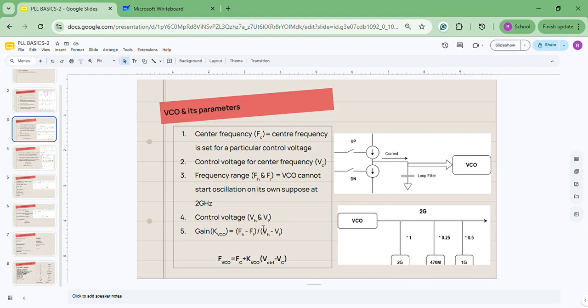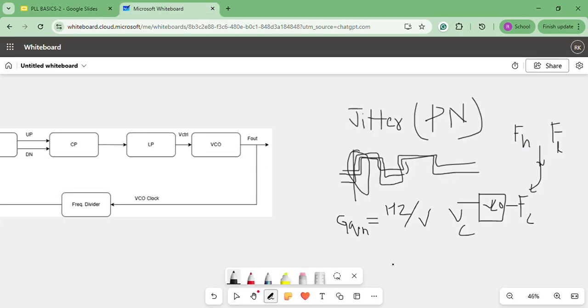Similarly, the control voltage is also not directly designed for, and cannot be tuned because it's an internal voltage. You cannot directly feed it. So we'll design it for a range of control voltage, and finally we'll do some calibration to fine tune the voltage and center frequency. So this is also designed for a range of voltage, VH and VL. Finally this VC will lie between VH and VL.